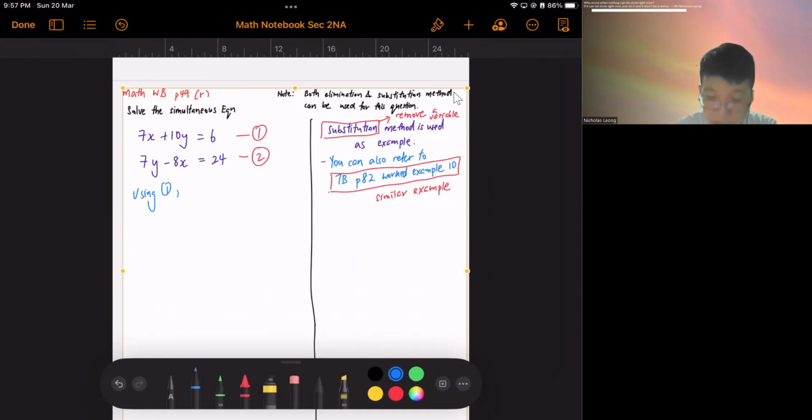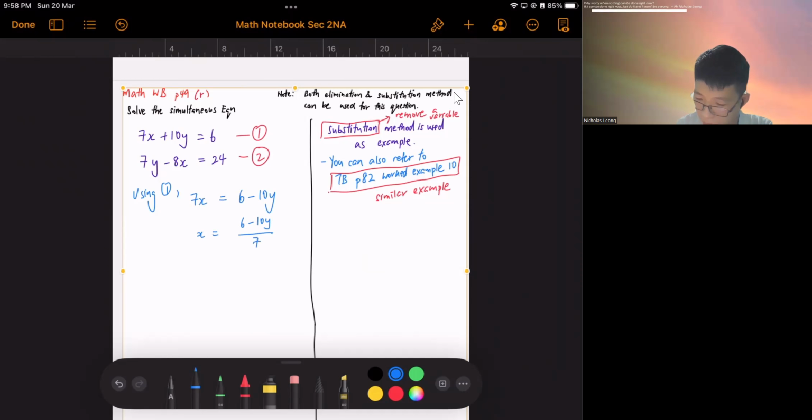let me try to rearrange the equation to make x the subject. So 7x equals 6 minus 10y. I'm basically rearranging the terms. After that, since I want to make x the subject, I need to divide the entire equation by 7. So x equals (6 minus 10y) over 7.